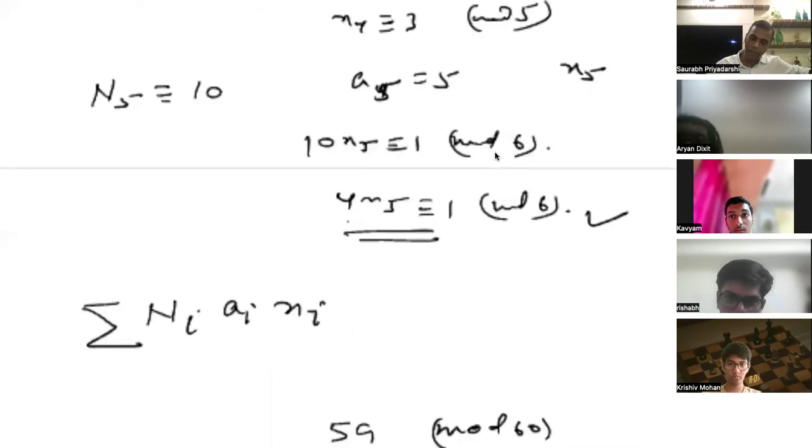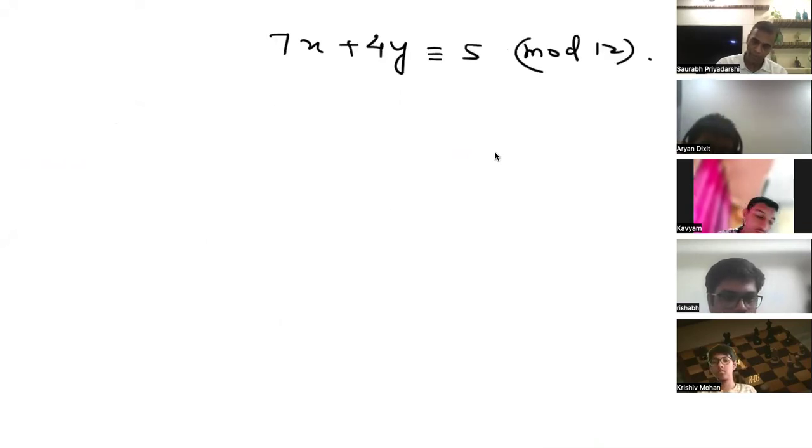See, when we have to solve an equation, we have to find whether the values of x are satisfying the equation or not. Something like if I'm saying 7x plus 4y congruent to 5 mod 12, right?